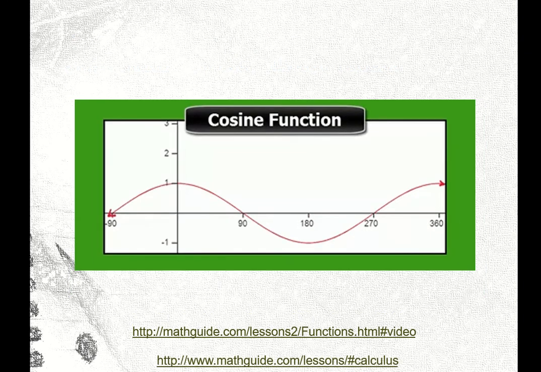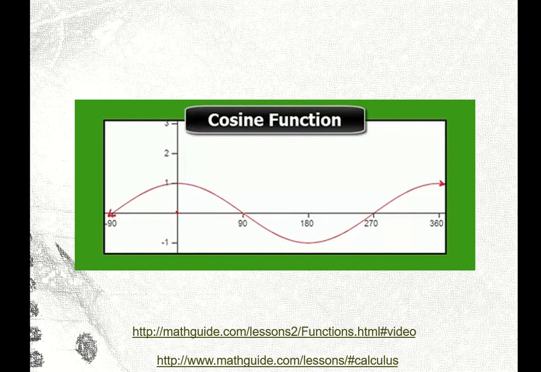And the cosine function is just related to sine. It is also like a sine function, but at the origin 0, 0, the function is at its maximum.